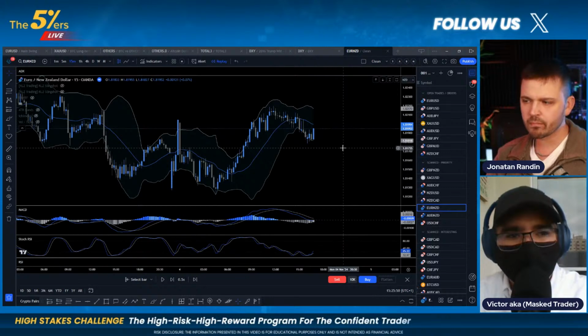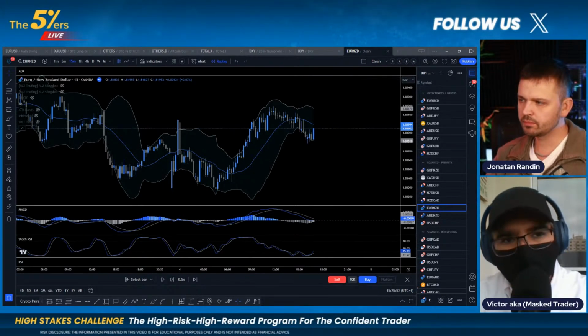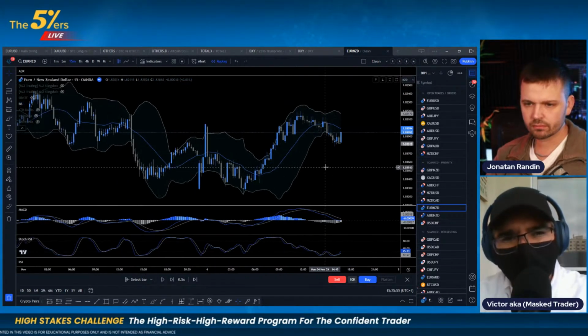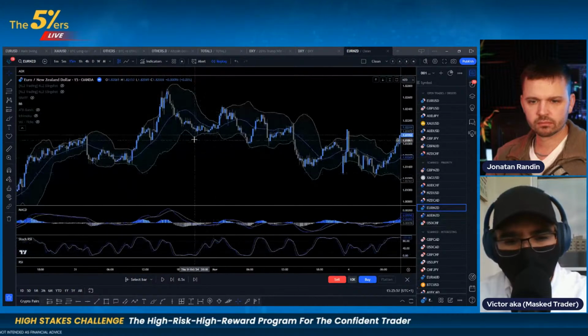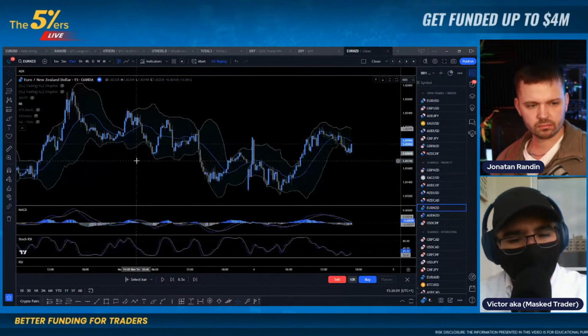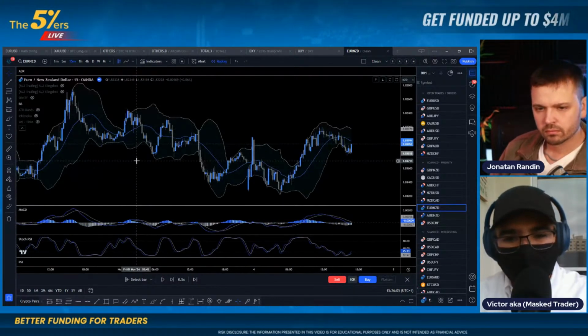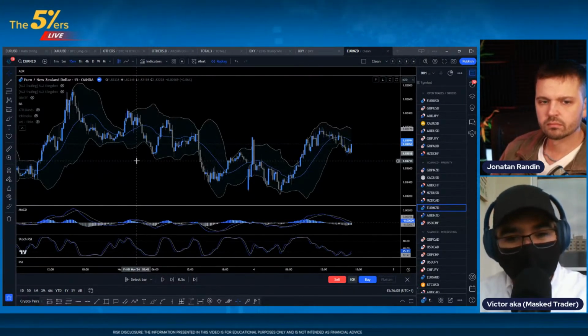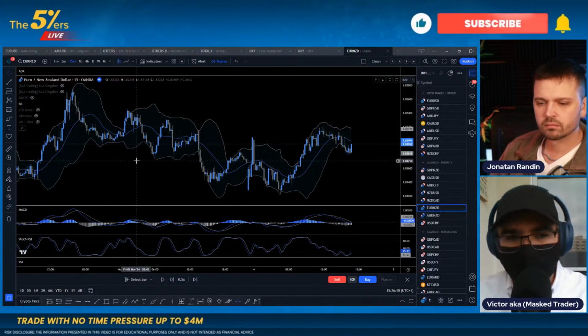And that could happen at a breakout. If that's the case, then that is something you don't want to be going against necessarily, because it might be the beginning of a bigger move. If that is the case, then you don't want to be doing mean reversion.